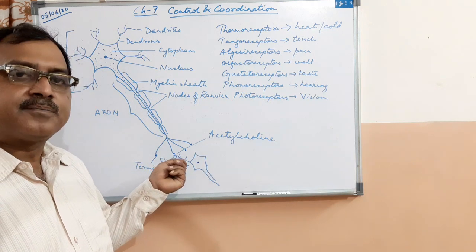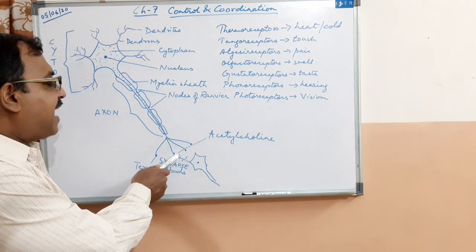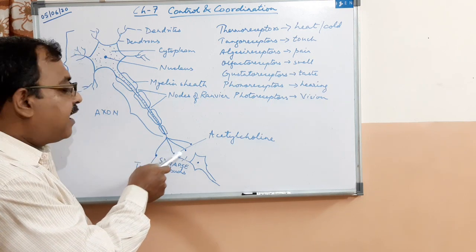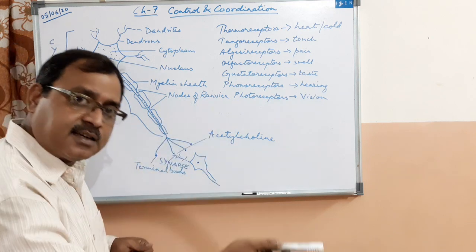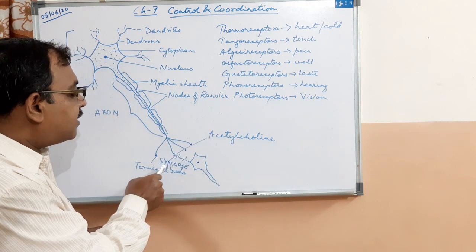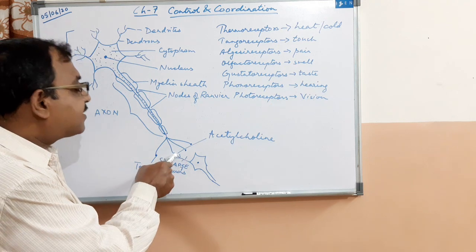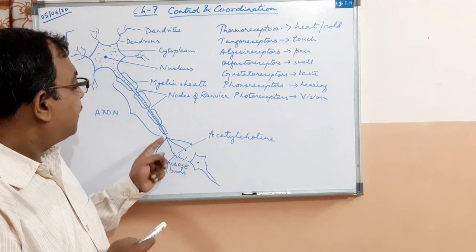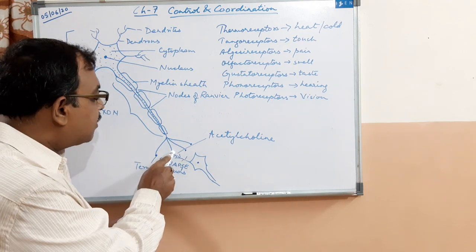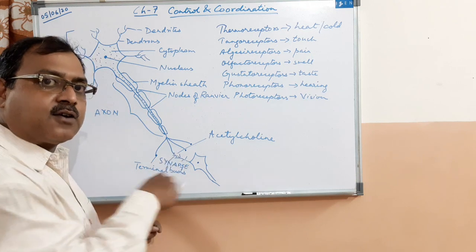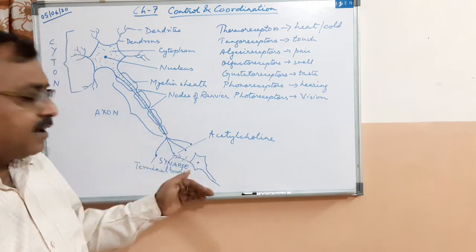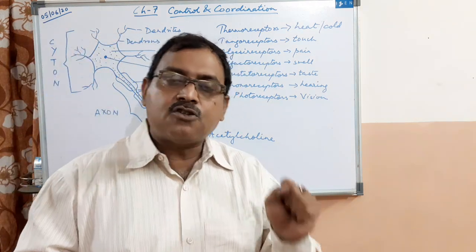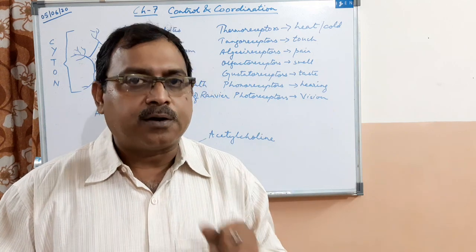There is a gap between the terminal bud of the axon end and the next dendrite of the next neuron. This gap is called the synapse. At this synapse, acetylcholine is released from the terminal bud, and the electrical impulse then moves to the dendrite of the next neuron. In this way, the impulse is carried further and further till it reaches the brain or the spinal cord.